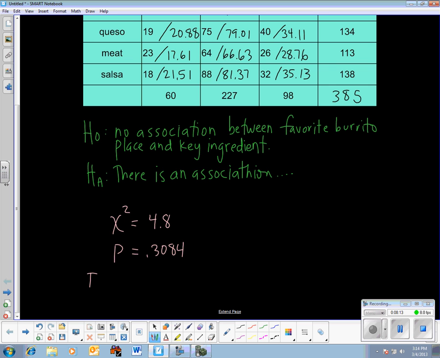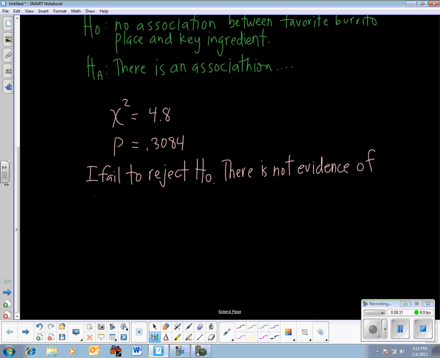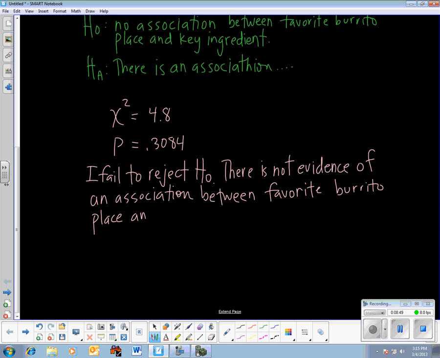So my conclusion is I fail to reject the null. There is not evidence of an association between favorite burrito place and preferred key ingredient.